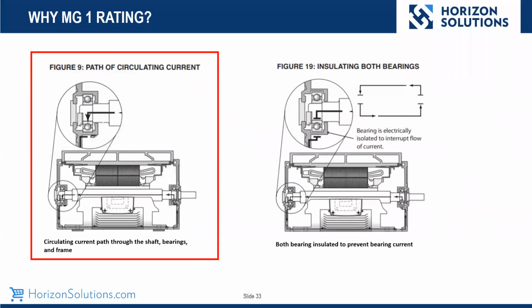Here's just an illustration. We're going to switch gears here a little bit again, and go back to capacitive currents. So as those capacitive currents come down the cabling, whatever you have, they're going to be introduced into the junction box, and they are going to circulate through the grease in the bearings onto the shaft, and then out the other end.